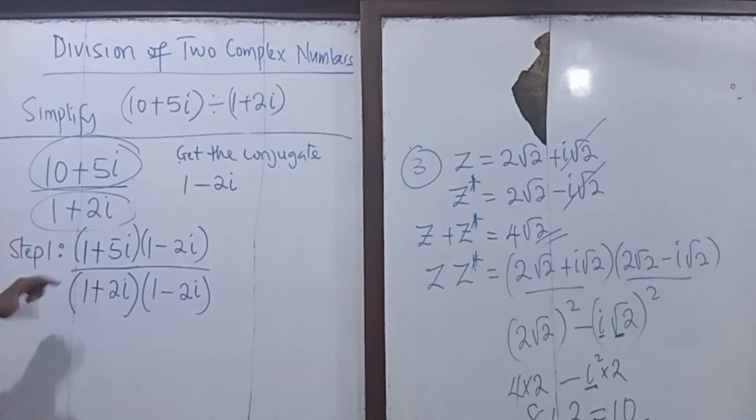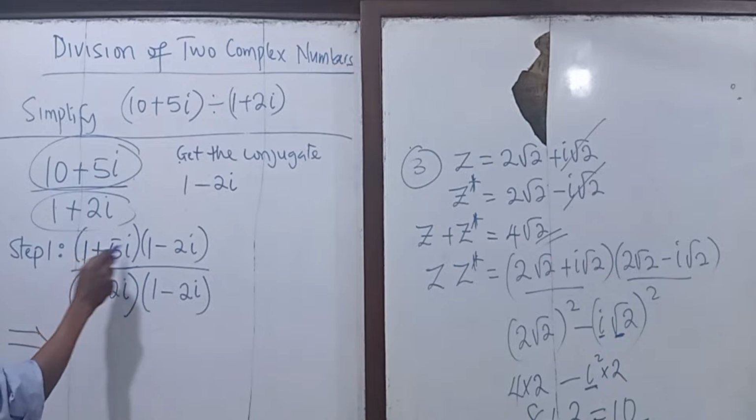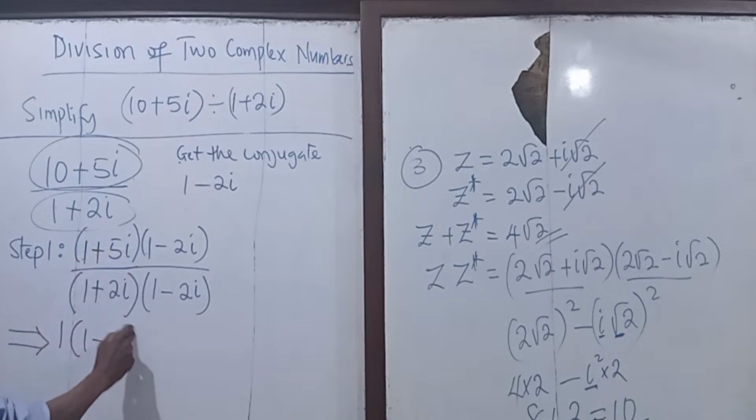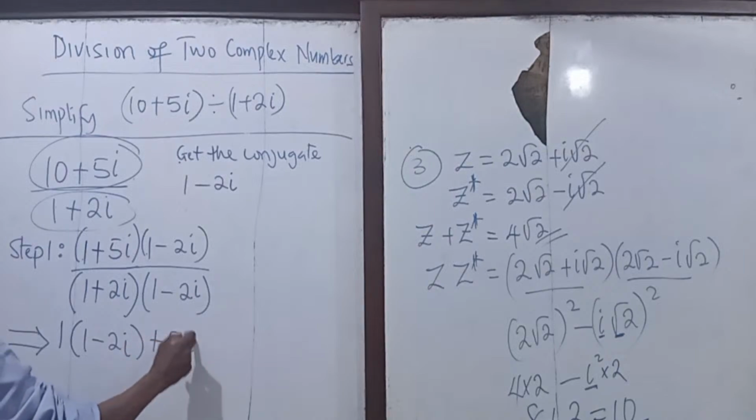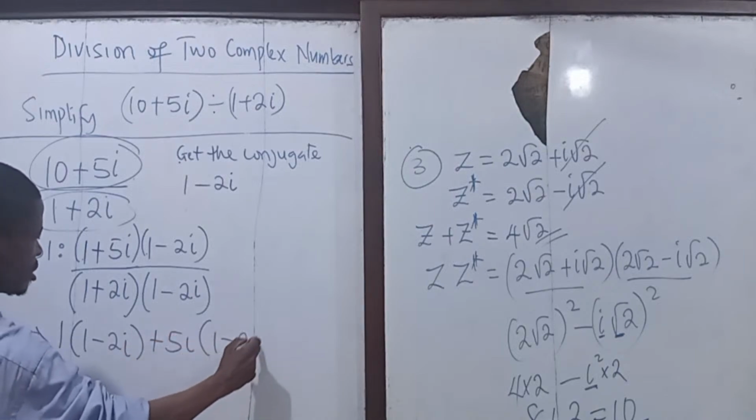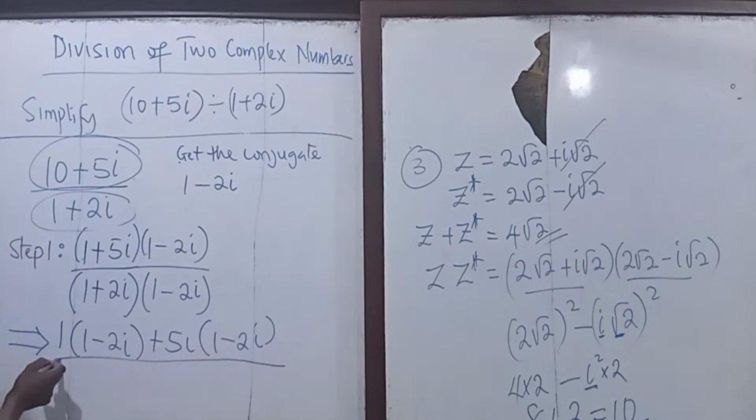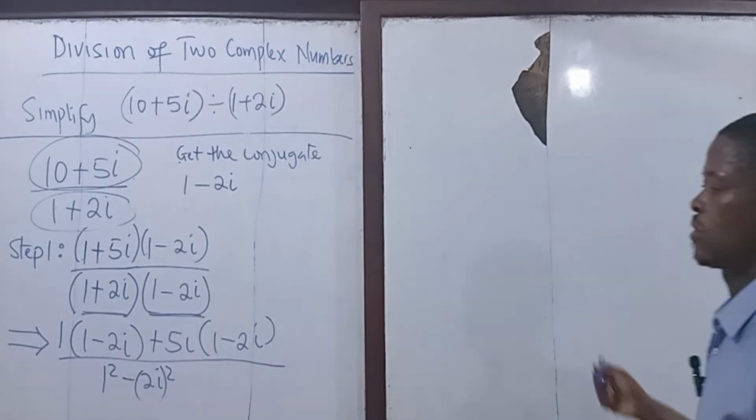Then after that, begin to do the algebra. Do the expansion, and that will be equal to what? That will be equal to this one times this one. We're going to have 1 times 1 minus 2i plus 5i times 1 minus 2i over this one. The denominator is a difference of two squares, which will be 1 squared minus 2i squared. So that's that.